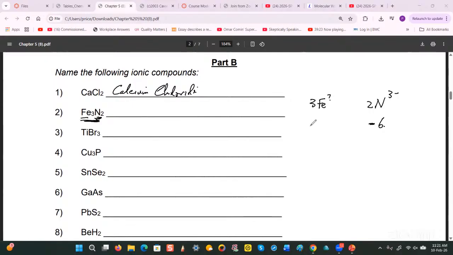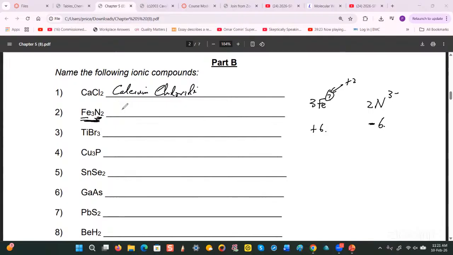Question is, what's the charge? Well, because the negative charge is -6 total, the 3 iron ions will carry a total of +6, which means that each iron ion will carry what charge? If 3 of them carry a +6 charge, then each of them will carry a +2 charge. So the charge carried by the iron in this compound is +2.